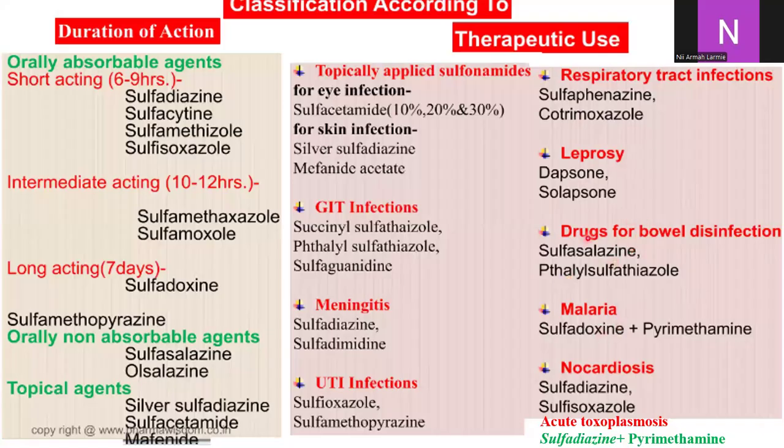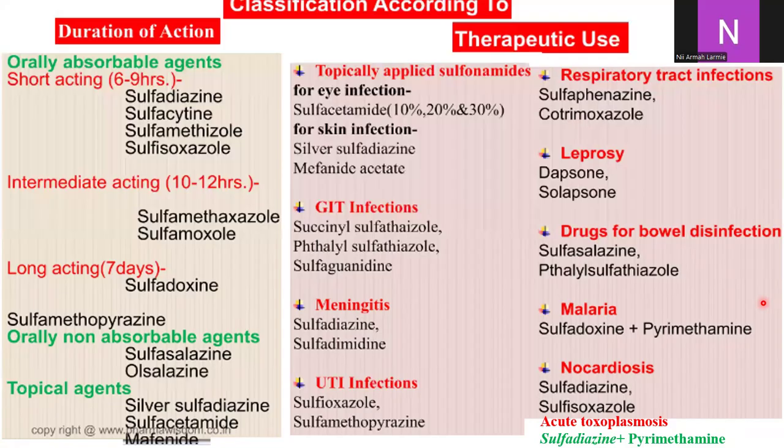It has been combined with other drugs also for other conditions like malaria. We have used sulfadoxine combined with pyrimethamine, and pyrimethamine also acts on the same pathway. So pyrimethamine inhibits the folic acid reductase, not the synthase. All right, and it's been combined with sulfadiazine for toxoplasmosis, especially in HIV patients. So that's our sulfonamides.